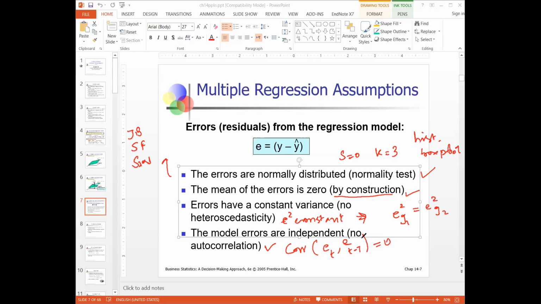So there should not be any correlation between past and present error terms. We will go discussing its logic in the coming slides, but these are 4 very important properties, and a few of them we already discussed how to test, and we will study how to test them in the software later on.